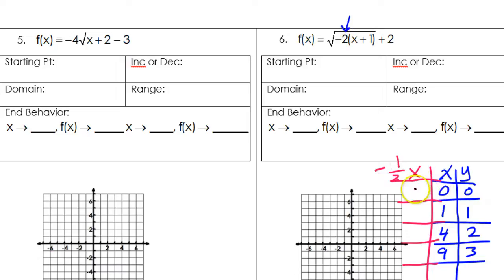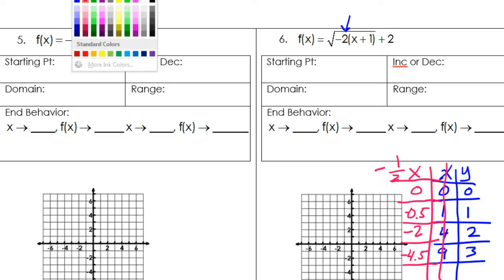So that's going to give me 0 and -0.5 and -2 and -4.5. Any questions about where I'm getting these values from? So I've got a new x column, so I'm going to throw out the old x column. So we plot these points and treat it like the parent function.